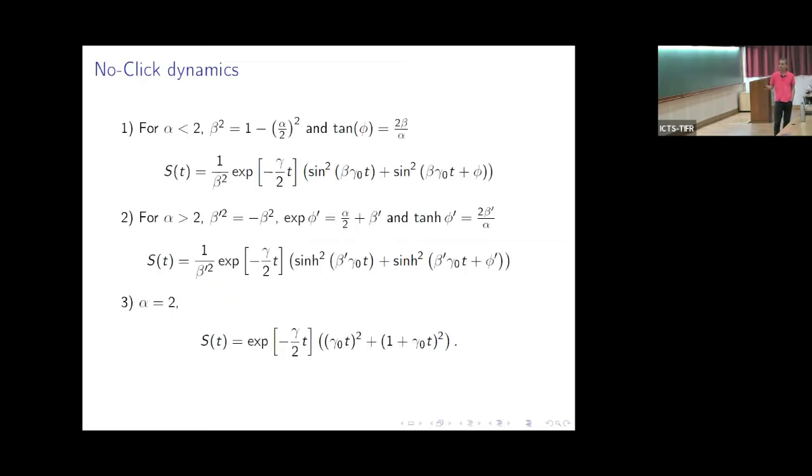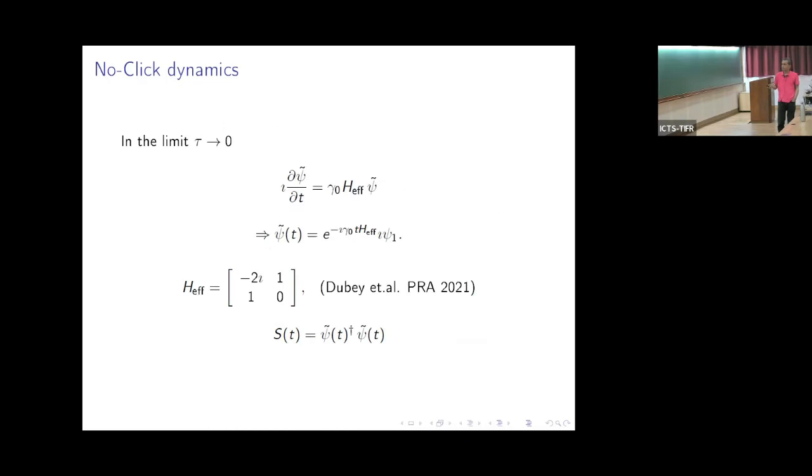And so I will note here these results for the survival probability that we obtain for various parameter regimes. This alpha, I should mention here, this is I alpha actually, sorry. It should be I alpha.